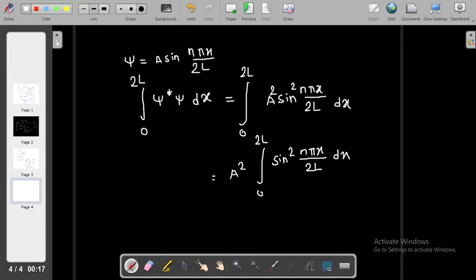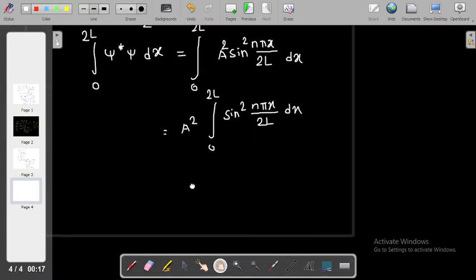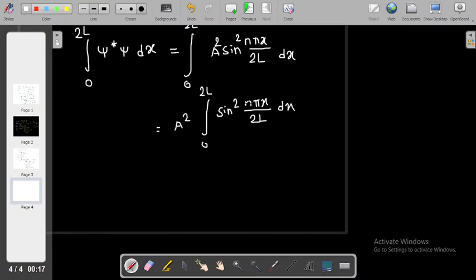This is dx. Now we need to integrate this sine function, and we get A square by 2 times the integral of 2 sine square(n pi x by 2L) dx.